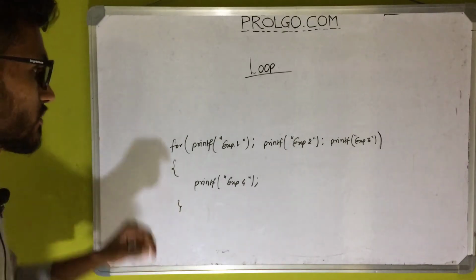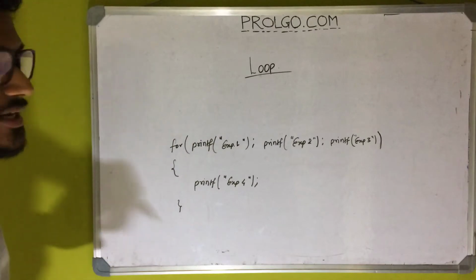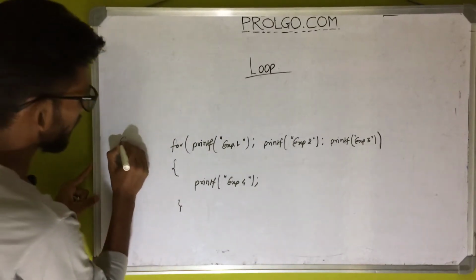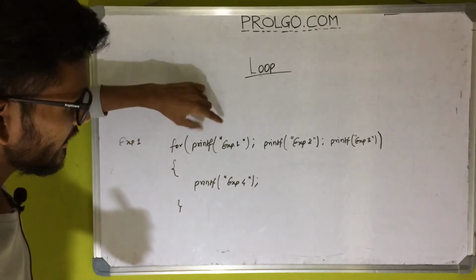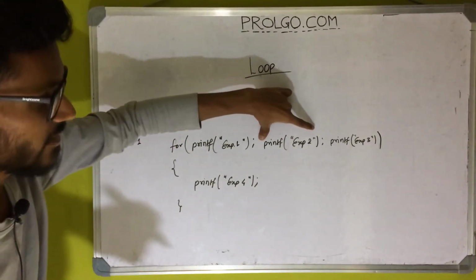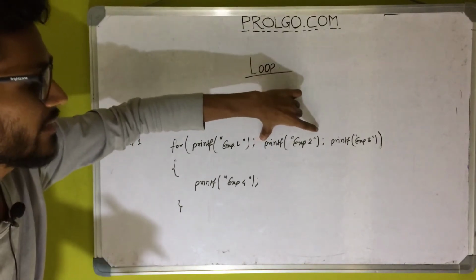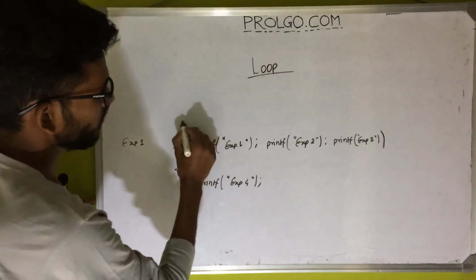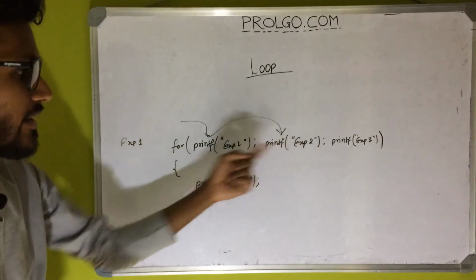Now, as I told you, when the control comes here, the first initialization statement will be executed. So our output will be expression 1, and then the control will go to the conditional statement, and this will be executed. So the control comes here, and then what will be printed?